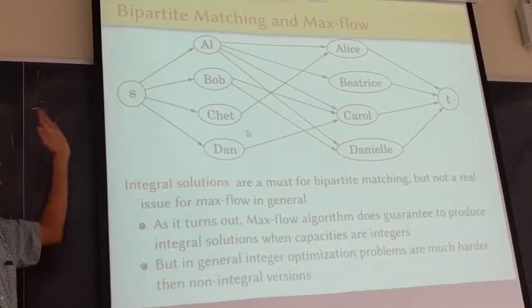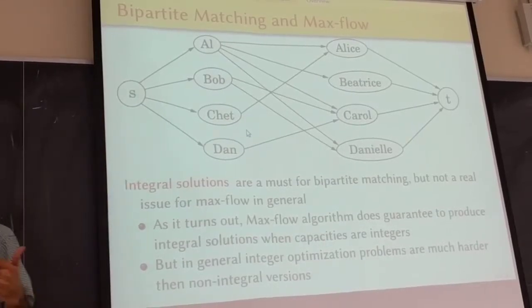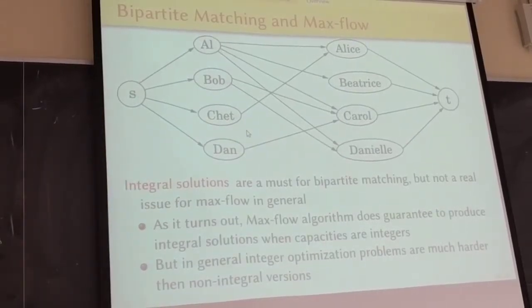Whatever max flow algorithm gives you will happen to be the maximal matching. If you think about it, it will become clear. We'll come back to this and finish this up in the next lecture.